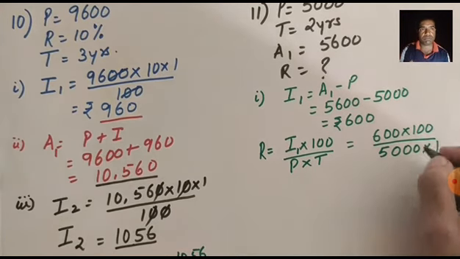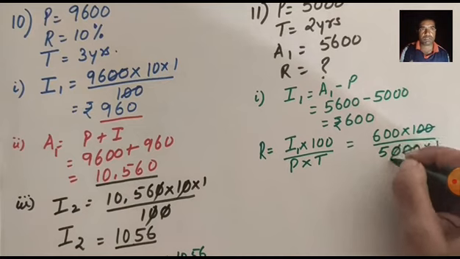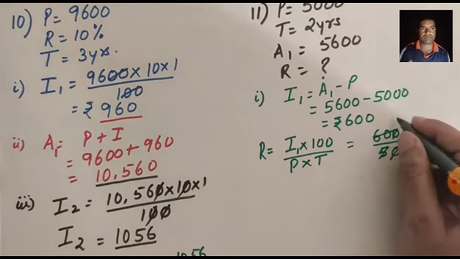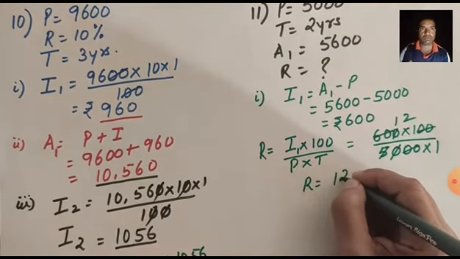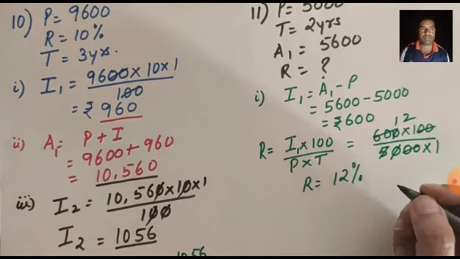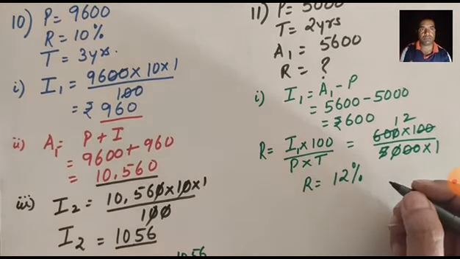Okay, 20 gets cancelled. After doing the calculation, R is equal to 12%. So we got 12%. Got it now?